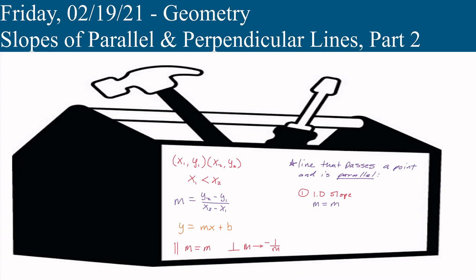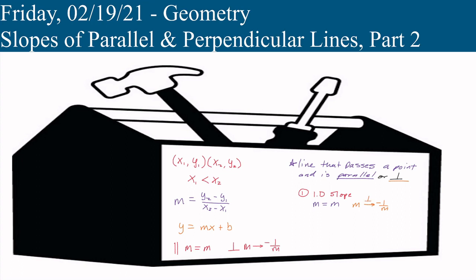Let's say you're given something for perpendicular. So I'm going to say or perpendicular. Underline that. For perpendicular, you're going to have your original slope. You're going to flip it upside down and give it an opposite charge. You're going to make it the negative reciprocal of your original.